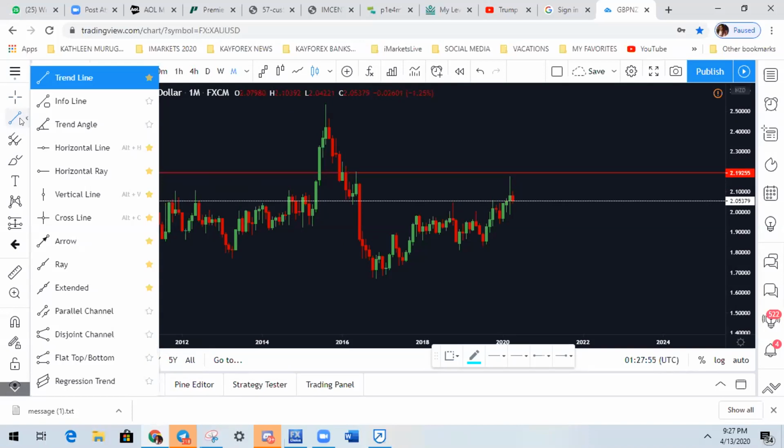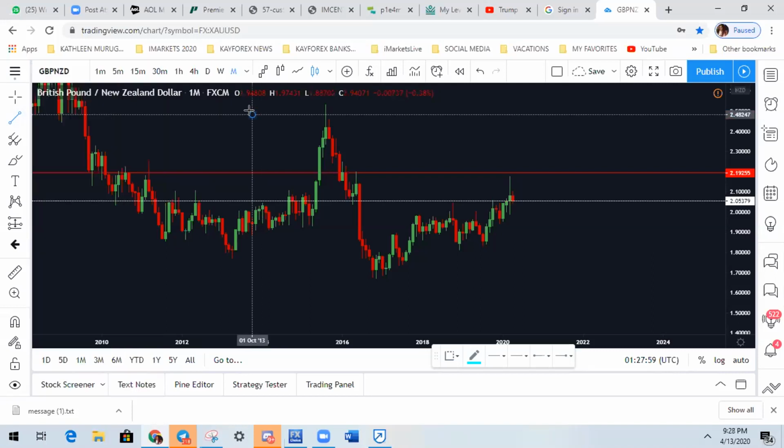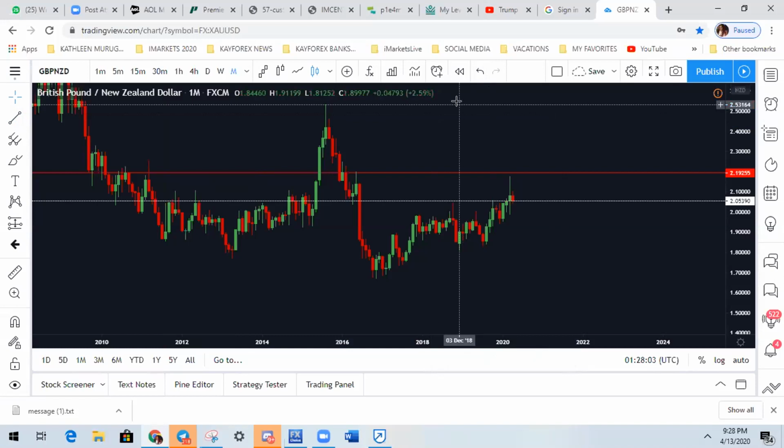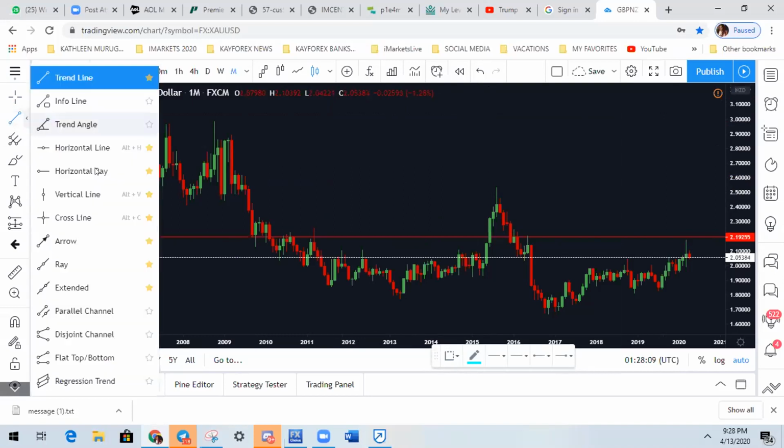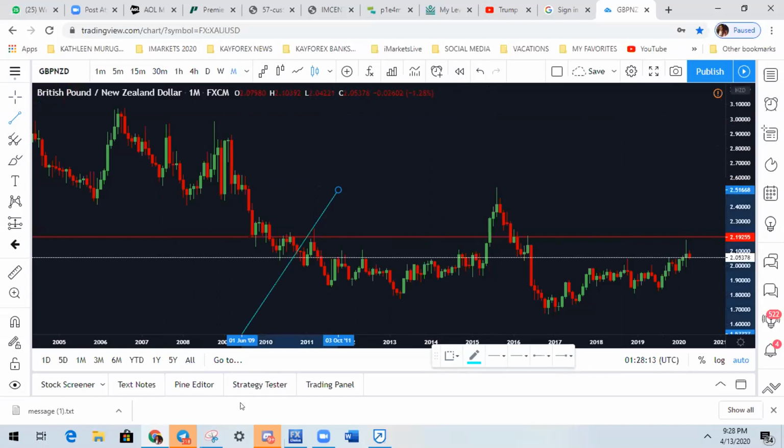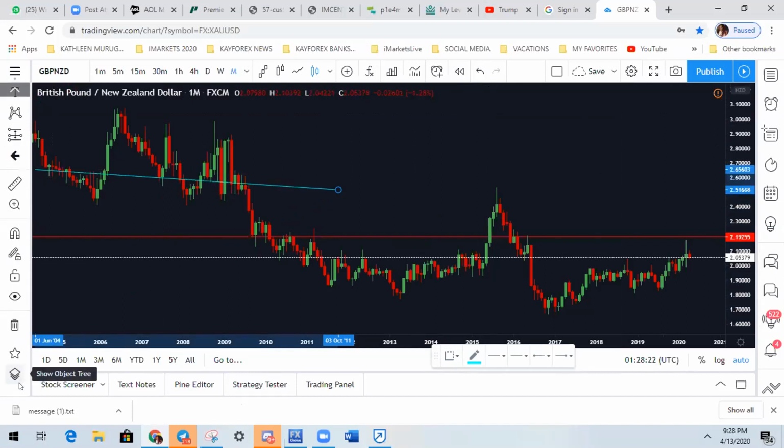Let me see how I turn it back on. Try to favorite another thing again and see if it pops back up. In your toolbar on the left-hand side, click on that arrow, click the star.